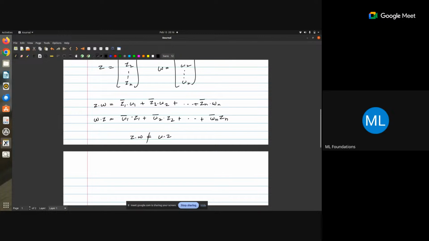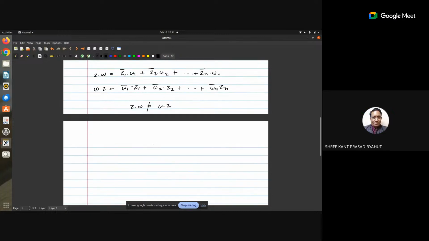But in the real case, these two are the same, right? If the numbers are real, then we will try to understand through numbers. Let's say you have two vectors, a equal to 1 2 and b equal to 3 4. What is the dot product between these two?